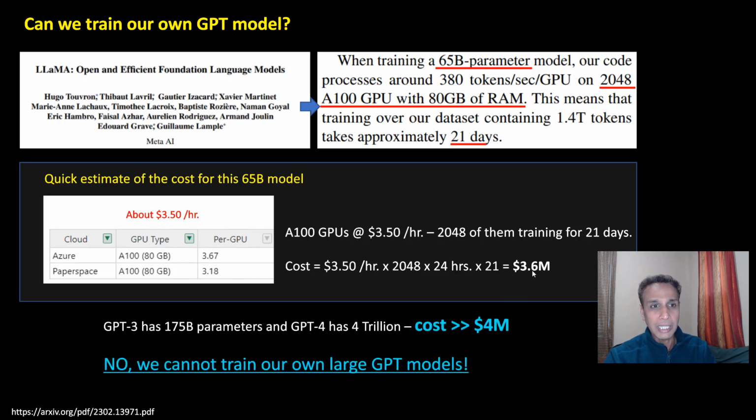I don't know about you, but I cannot train my own GPT model. I wish I had that type of money to throw at a GPT model, but that's only the money for training, just the GPU rental.